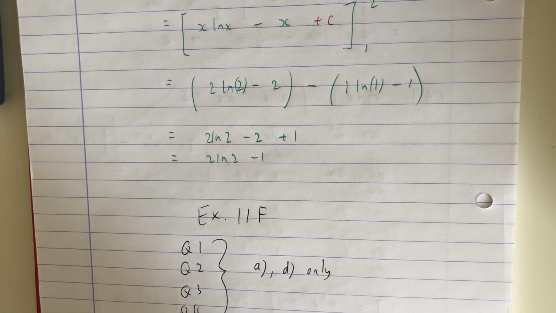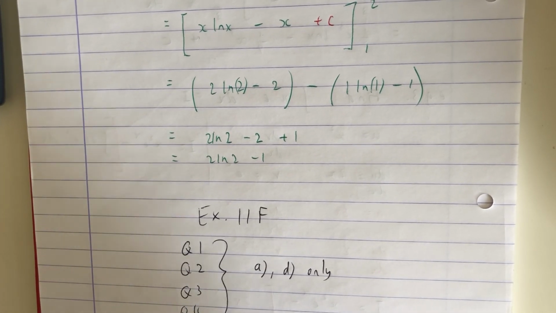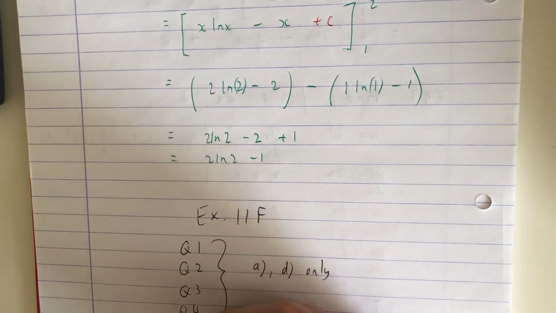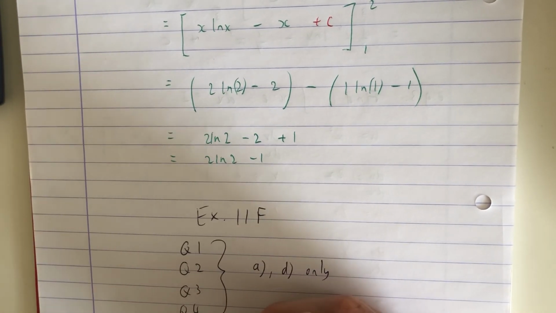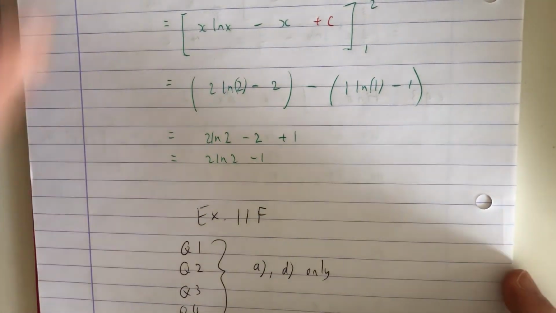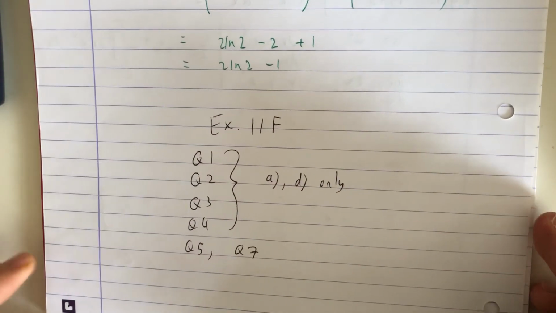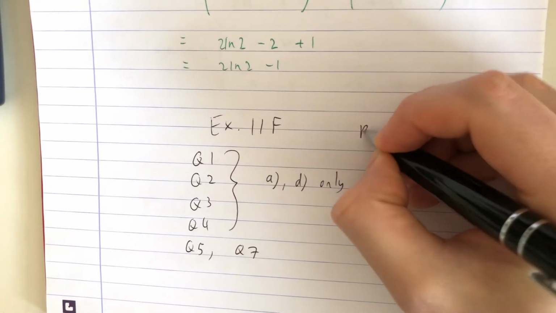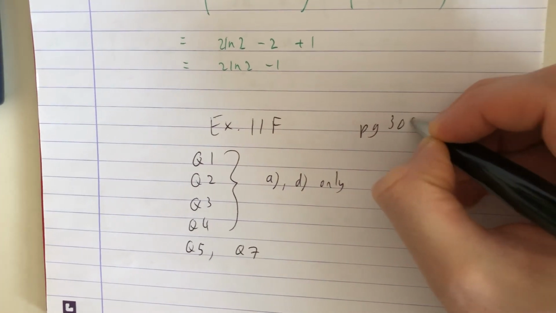And then next page, if you try question 5 and question 7, and that'll be it. So exercise 11F, which is on page 309 and 310.